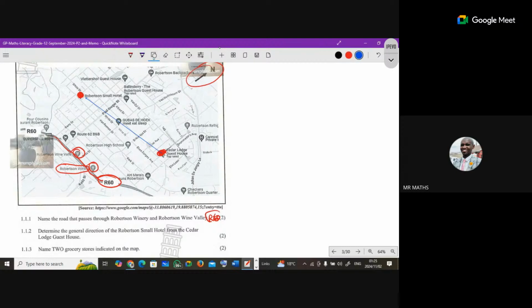if we are moving in this direction, that means we are moving to the north. If we are moving to the north in this direction, you can see upper, this is your north.